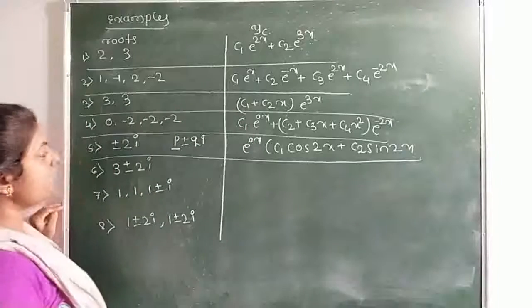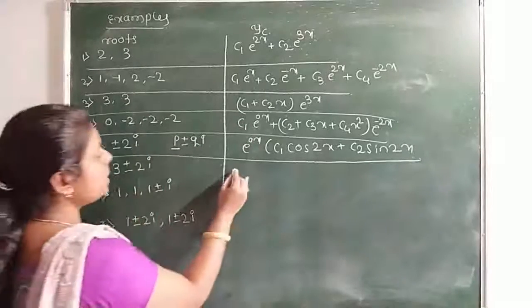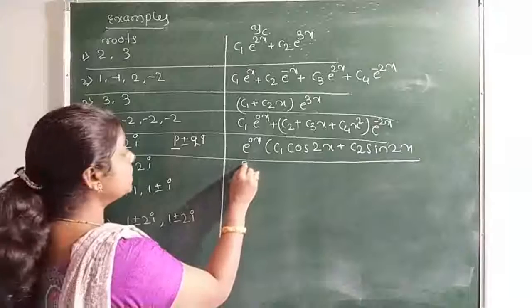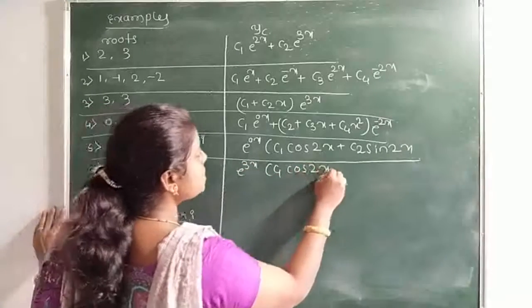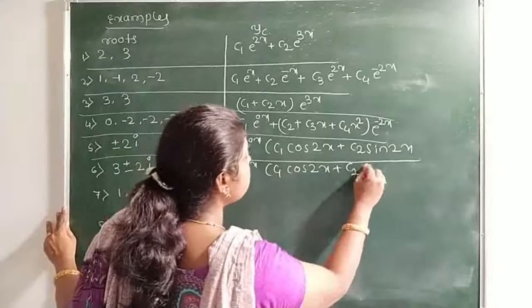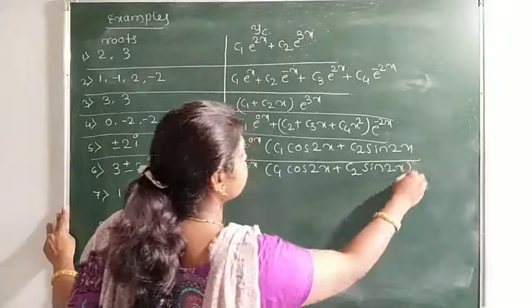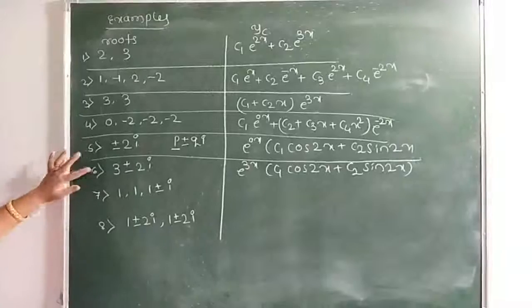Like this you have to write. Here this is a complex root: e to the power 3x times c1 cos 2x plus c2 sin 2x. This is a complex root.